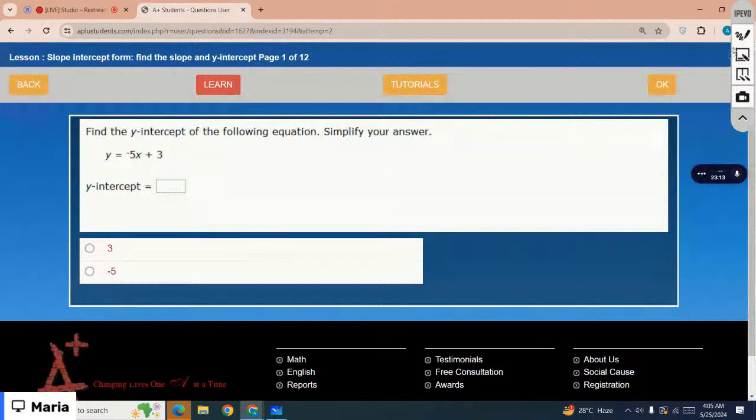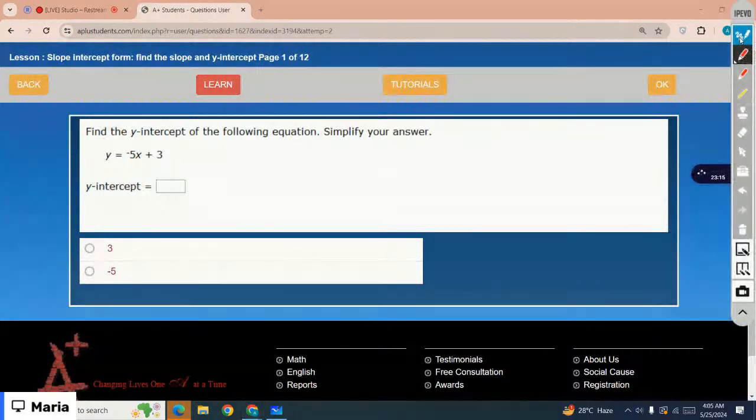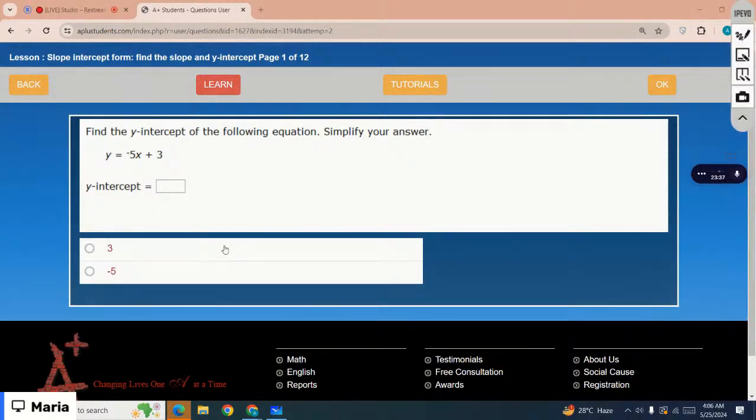You have to compare the equation to y equals mx plus b. M equals negative 5 and b equals 3. So the y-intercept is b. So the correct option is b equals 3. Option number 1 is the correct option.